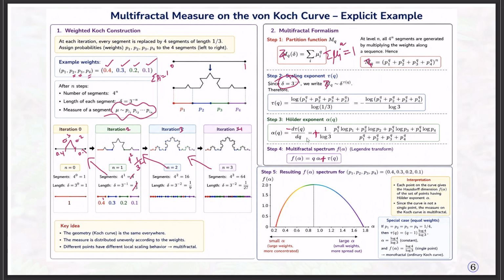Then from taking the derivative we can get the Holder exponent like this one, the pointwise exponent. Now once we obtain alpha q, one can understand that for the different p1, p2, p3, p4, with respect to q we will get different values.